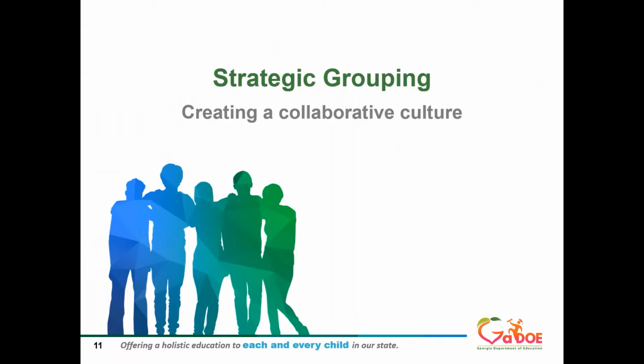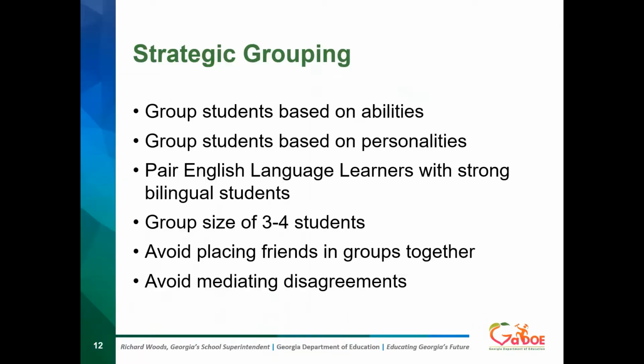Strategic grouping, creating a collaborative culture. Strategic grouping is when students are placed in groups based on their abilities and/or personalities. The recommended group size for strategic grouping is 3 to 4 students.